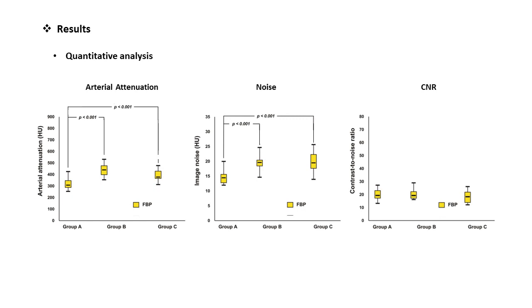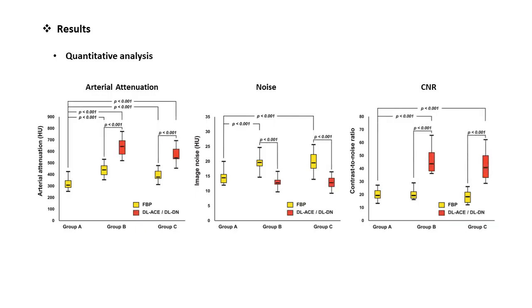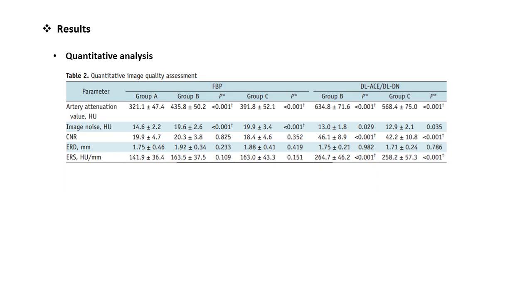With FBP, arterial attenuation was significantly higher in groups B and C than group A. However, CNR did not differ significantly due to higher image noise in groups B and C. After applying the DLACE and the DLDN, shown as the red bars in the graph, arterial attenuation increased by 45.4% and image noise decreased by 34.5% in groups B and C, resulting in significantly higher arterial attenuation, CNR, and subjective image quality compared to group A. These are the details and numbers of quantitative analysis, including ERD and ERS.